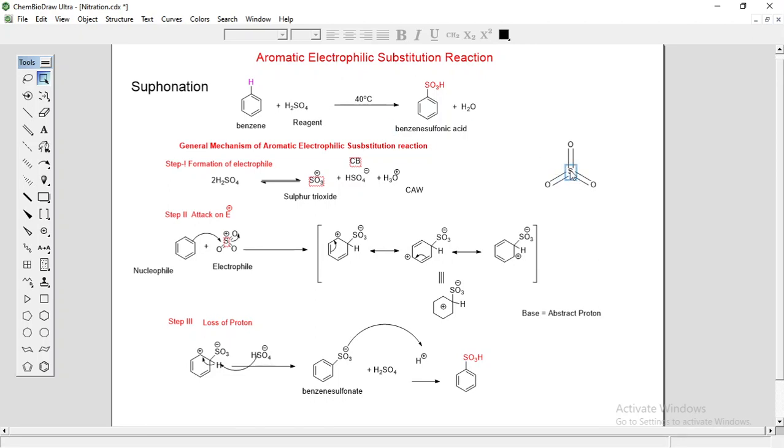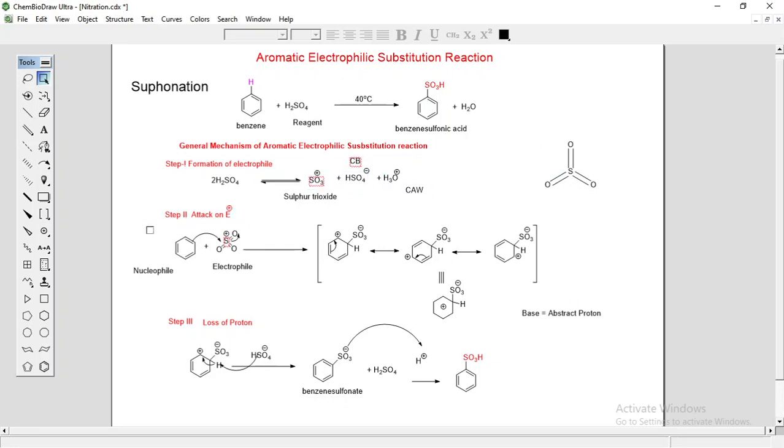So there is a slight delta positive charge on this sulfur and a slight delta negative charge on the 3 oxygens. Due to the strong electron withdrawing effect of oxygen, sulfur becomes electropositive. That's why sulfur trioxide acts as an electrophile in this sulfonation reaction. So this is the first step.